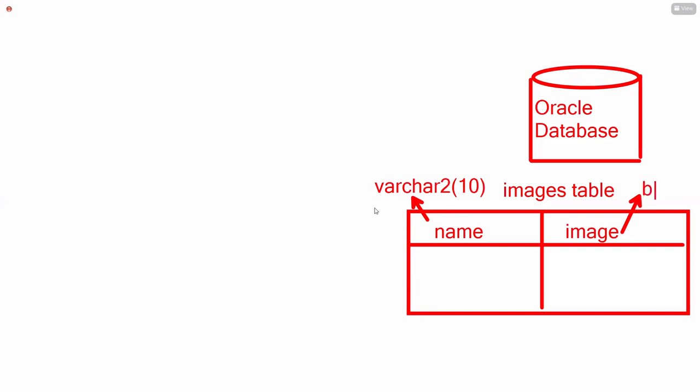Blob type. If you want to store a large amount of binary data or character data as a single entity, then blob or clob is required. Now, it is a Java application.